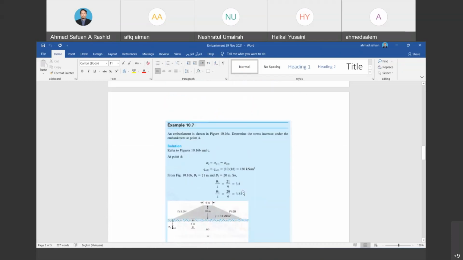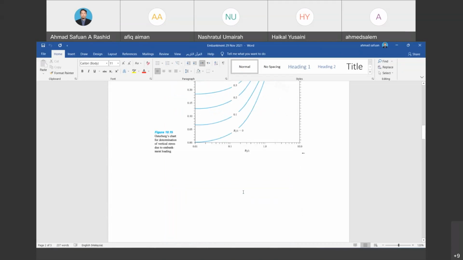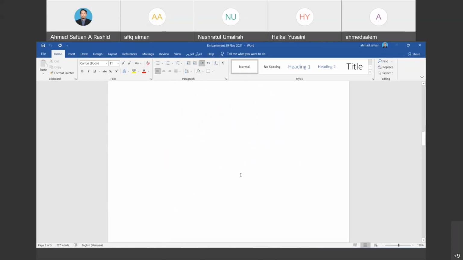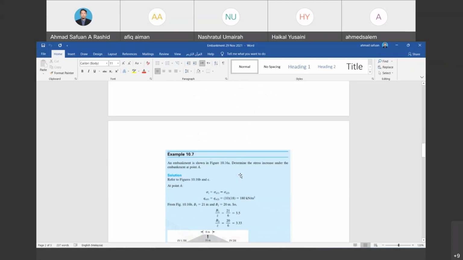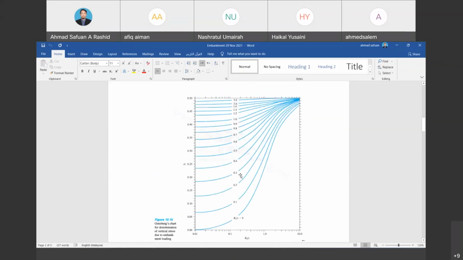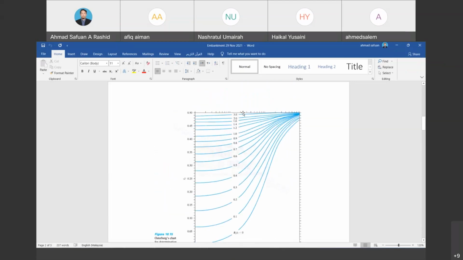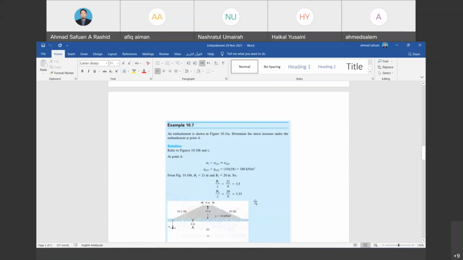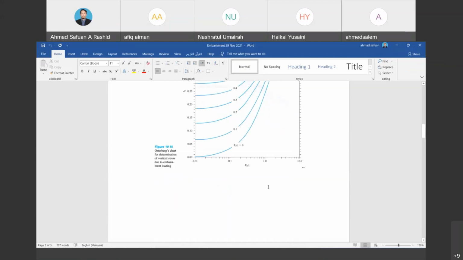For example, B1 over Z, this is B1, the value is 3.5, so it reached almost the maximum value. Then we have another one, 3.33. So 3.33, 1, 2, 3, here.